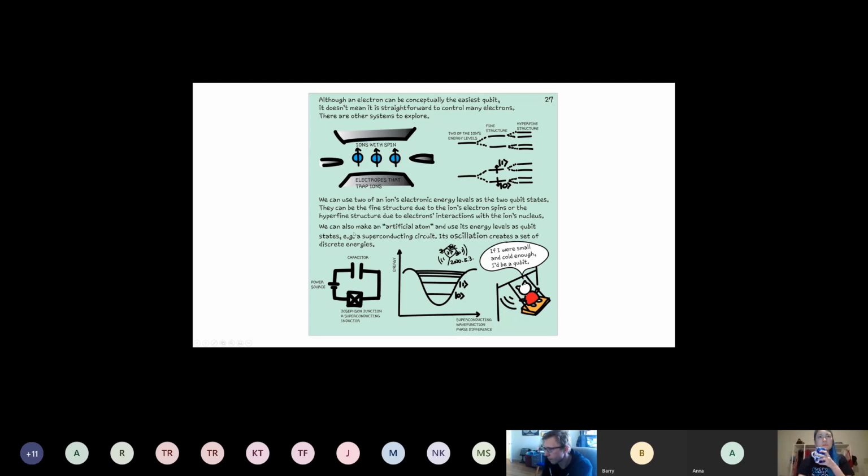So we could build an oscillating circuit using a superconducting component called a Josephson junction and a capacitor, and then form this circuit on chip. The Josephson junction is a special type of inductor, so if you are familiar with LC circuits, what does it do? It basically forms an oscillating energy signal.